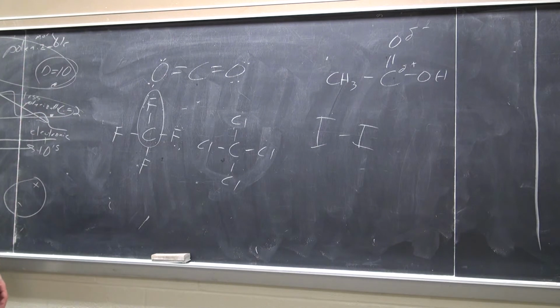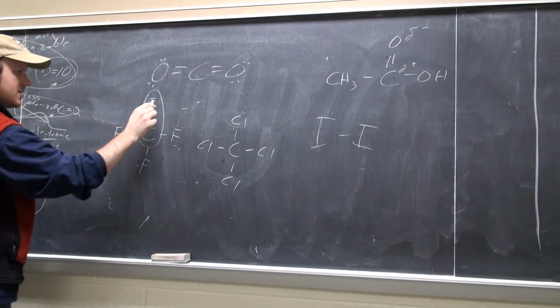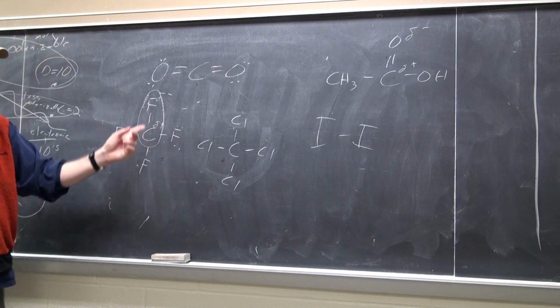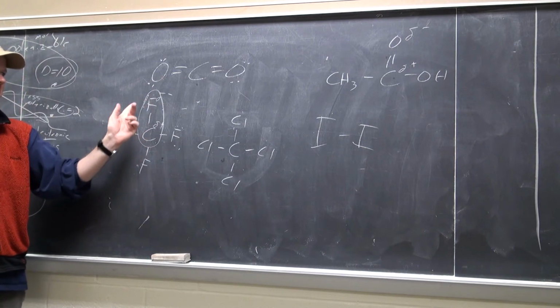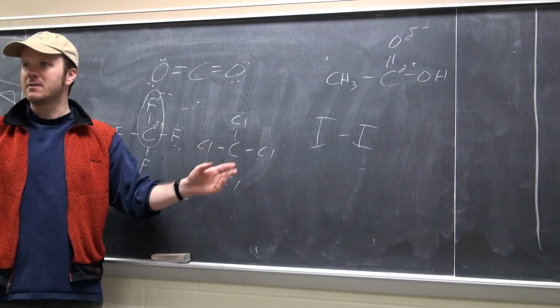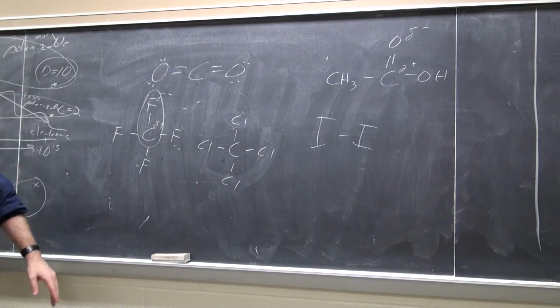That's true, yeah. So if you have a very high electronegativity difference between fluorine and carbon, this bond is less polarizable than this one, where these are closer in electronegativity. But think about the overall molecule.